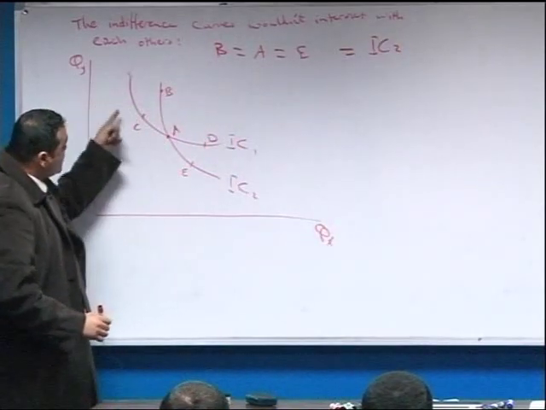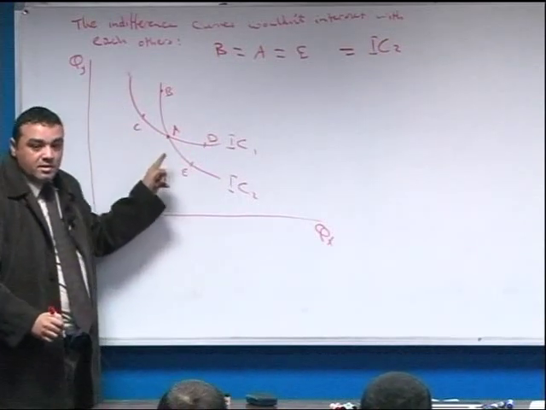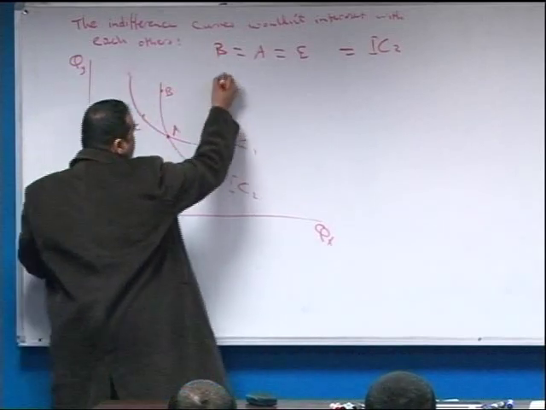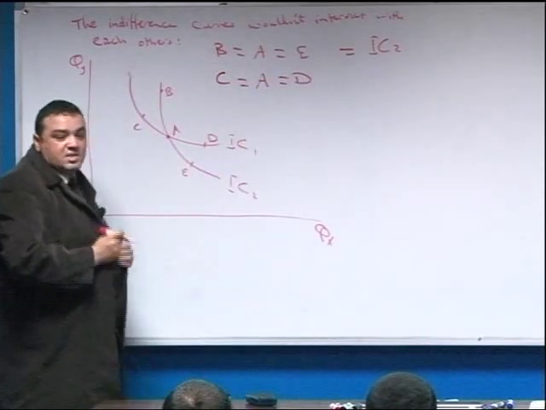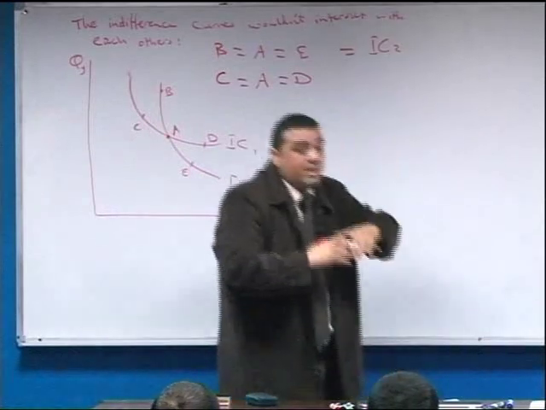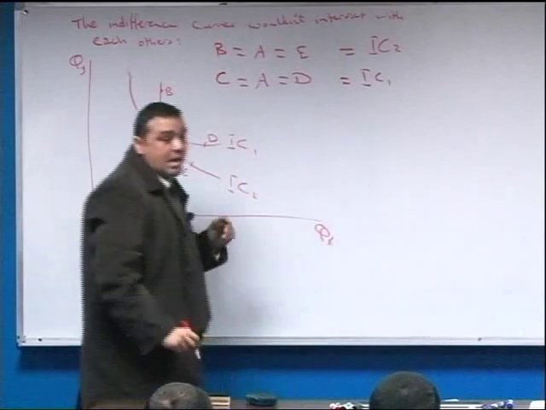What about C, A, D? C equals A equals D. Right? Because they lie along the same indifference curve, IC1. Right?